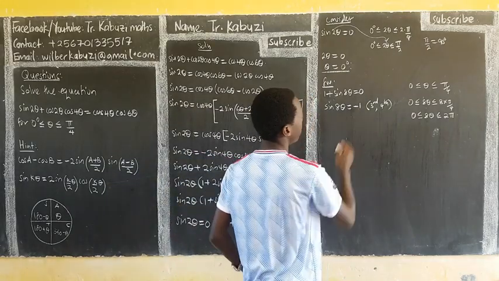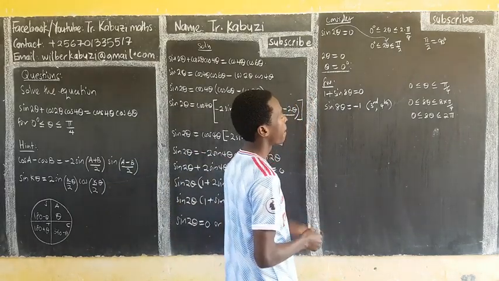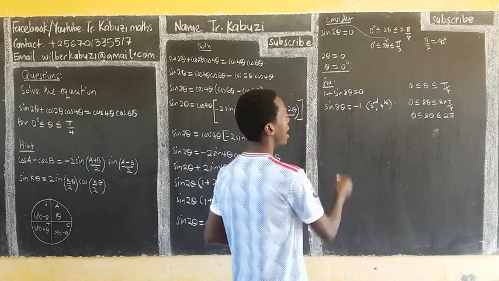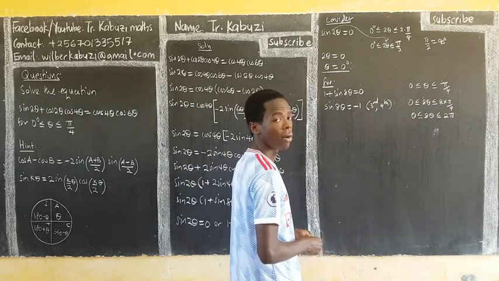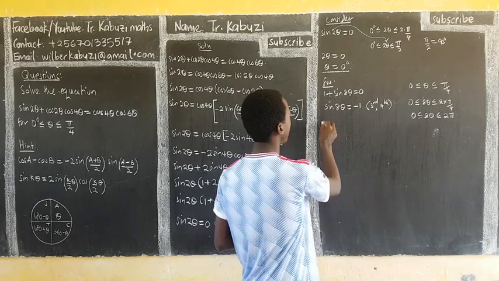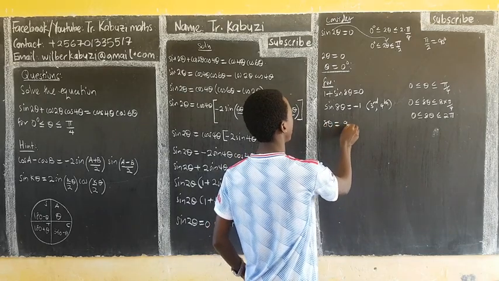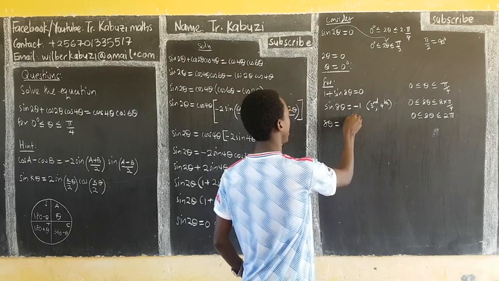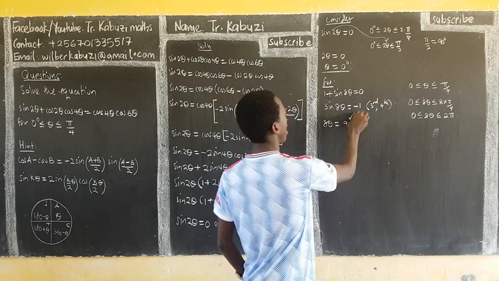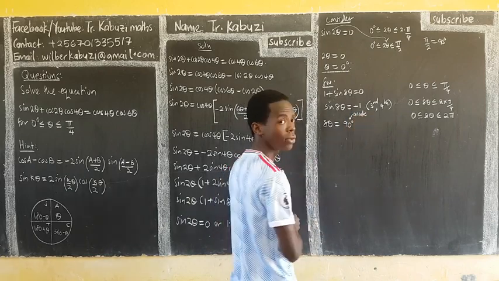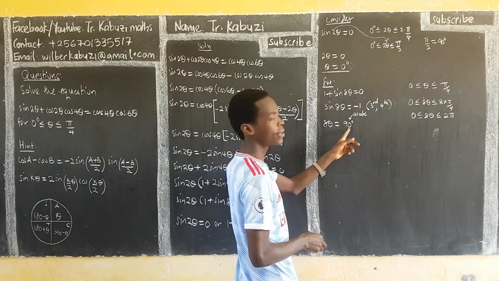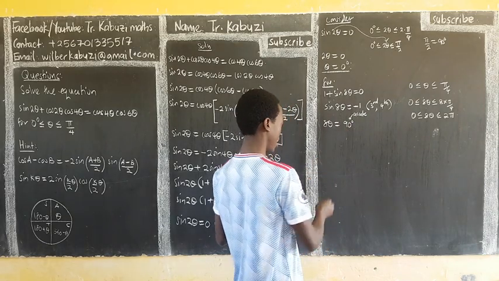So this thing is helping you to get the acute angle. So the acute, cos inverse of 1 is going to be 90. So 8 theta here is going to be 90 degrees, but this one is the acute angle. The acute angle is always expecting us to get other angles in the other quadrants.